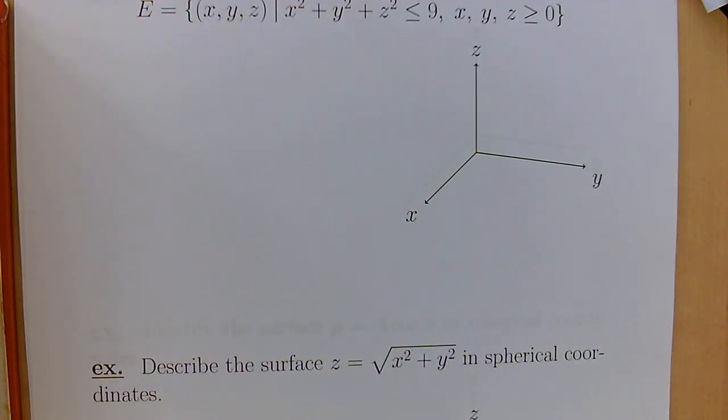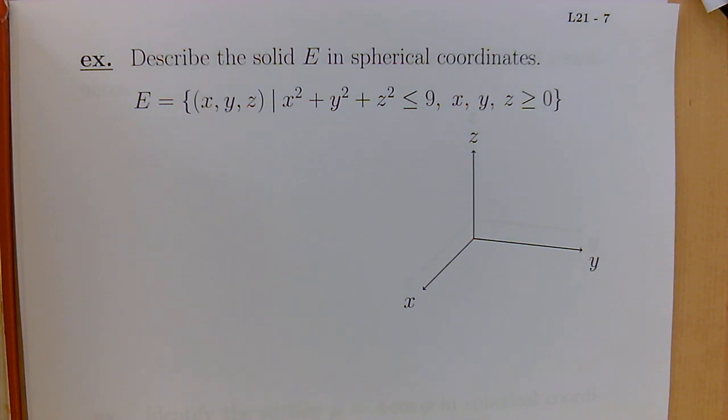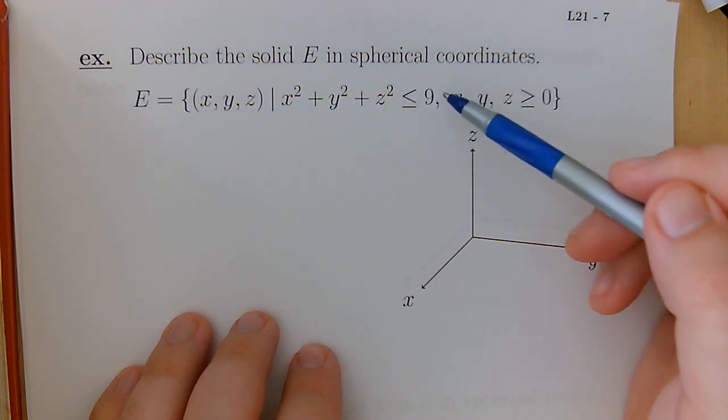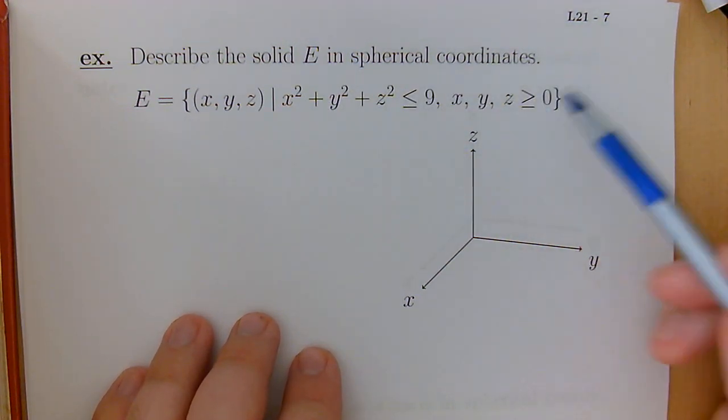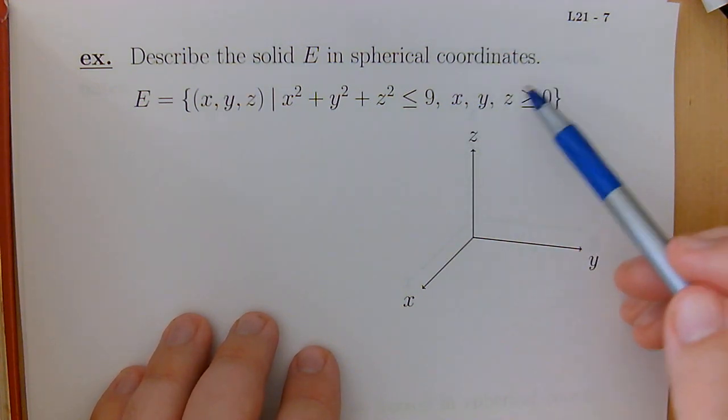All right. Now, just like we described regions in terms of cylindrical coordinates, we're going to describe them in terms of spherical coordinates. We have x squared plus y squared plus z squared is less than or equal to 9, and all of x, y, and z are greater than or equal to 0. So this means that we're in the first octant.